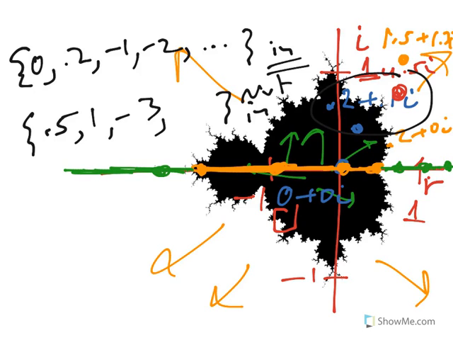I mentioned before 0.2 plus 0.1i. If you ran that through the formula, it's going to be in the Mandelbrot set, but how would you know, if you were calculating with a spreadsheet or something, when you can stop? When can you be sure? Let's say you get to 50 steps and it still hasn't gotten bigger than 2.